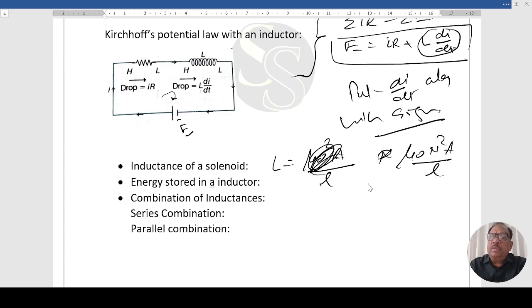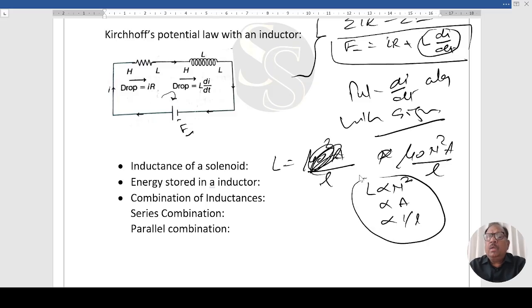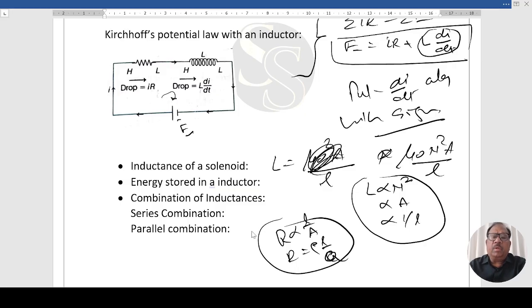Self-inductance means L is proportional to square of the number of turns, proportional to area of the coil, inversely proportional to length of the coil. This is the dependency, whereas in case of resistance, R equal to rho l upon A, right? These are dependencies. Energy stored in an inductor is half L I square.